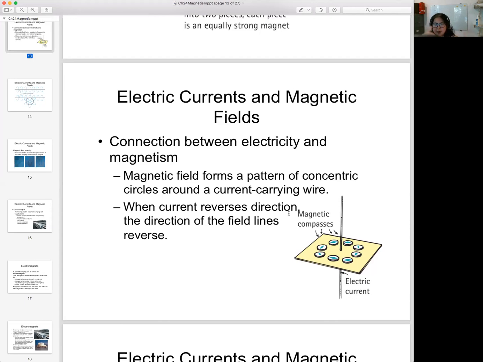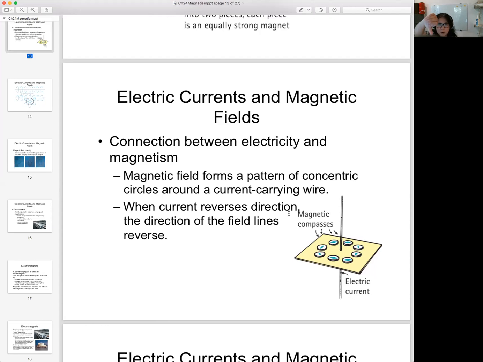And there is a rule that you can use with the right hand. You put the thumb in the direction of the current carrying wire, and then you curl your right fingers, and that's going to show the direction of the magnetic field produced by the current.